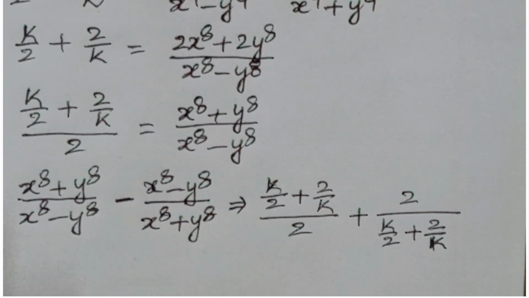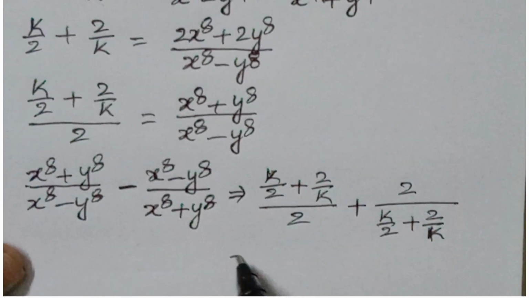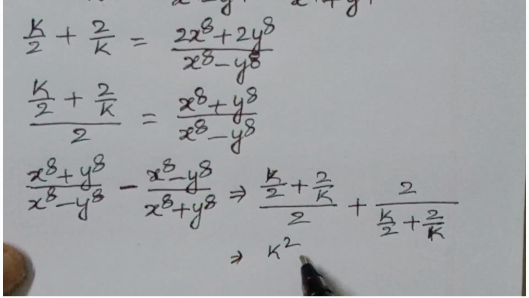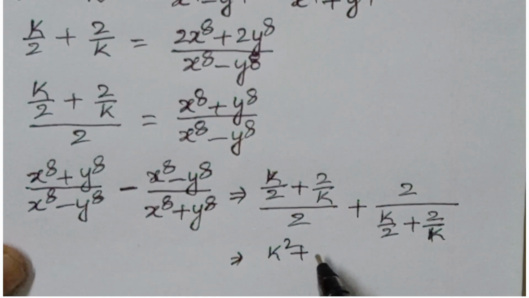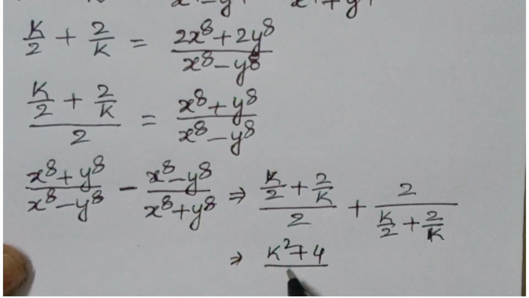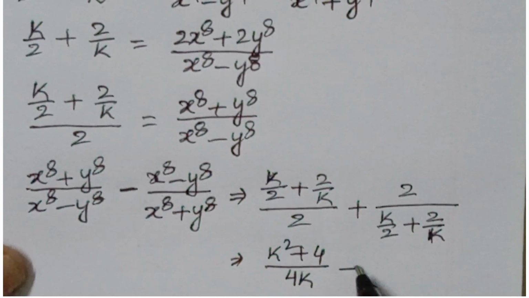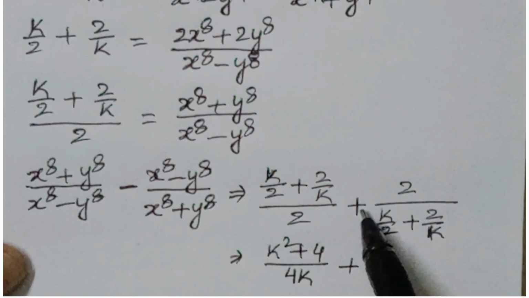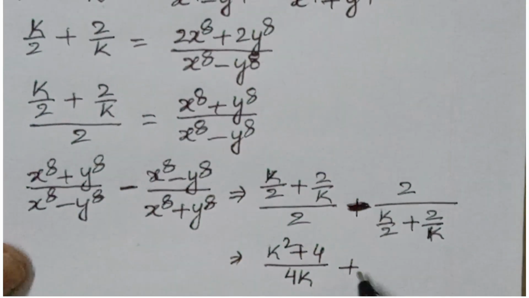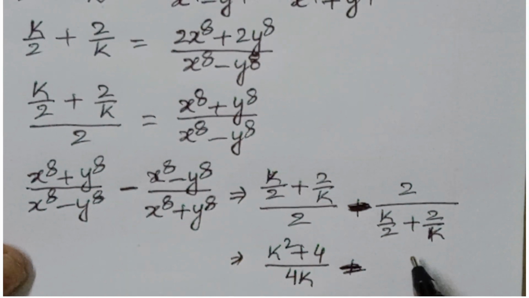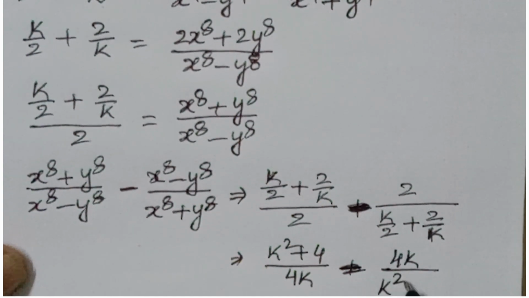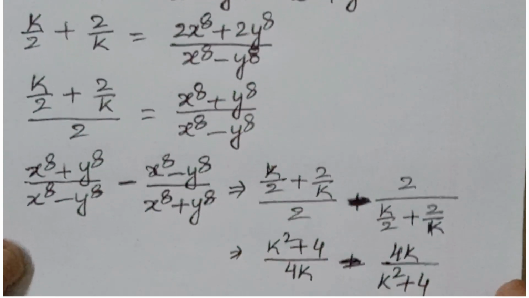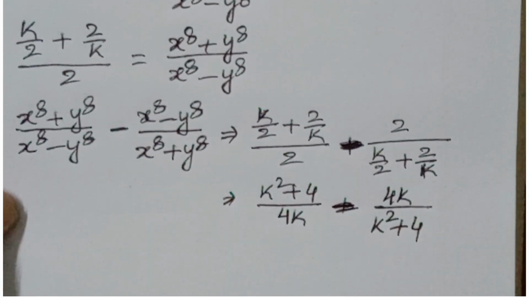So here, if you take this, (k² + 4)/(4k) minus 4k/(k² + 4).